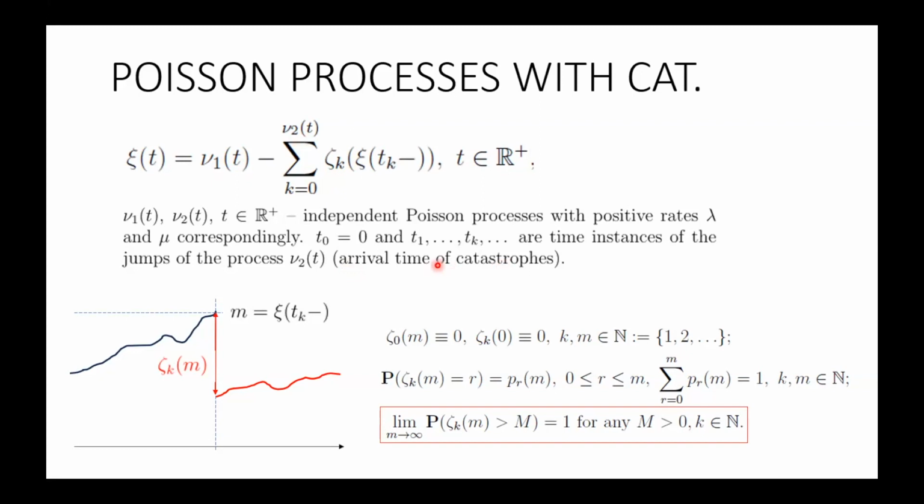Okay, so it's a regular process. N2 defines the arrival times of catastrophes. It's also a Poisson process.